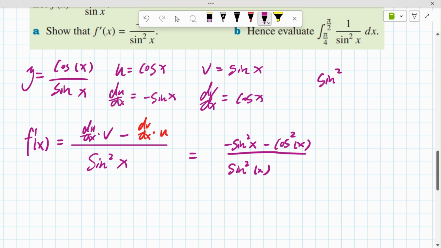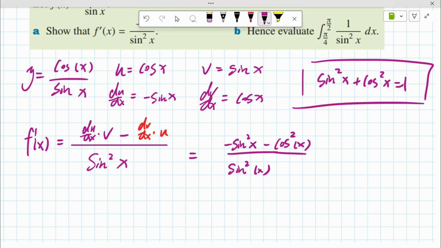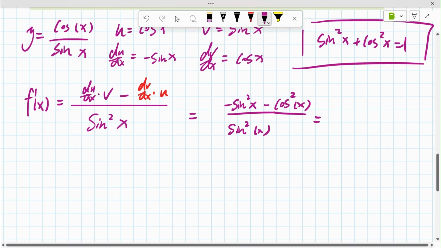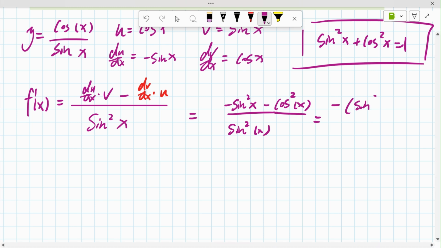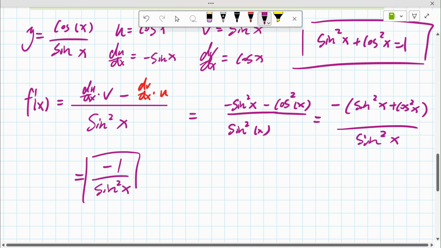We know sine squared x plus cosine squared x equals 1. This is the formula we've been using so far, and we understand it. So we can take the sine squared x plus cosine squared x outside the bracket with a negative, because they both have a negative sign. So now what we have is minus 1 over sine squared x, as required. So this is question A.